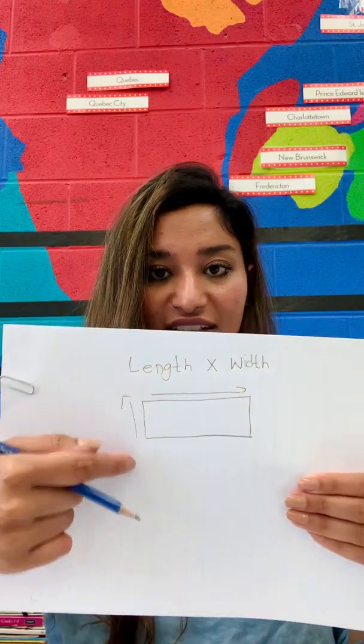Okay, so we have our length and our width, and we ask ourselves, what is the length or the width of an area? When we multiply our length and our width, we find the area of a square or a solid figure or anything that you're trying to find the area for, okay?